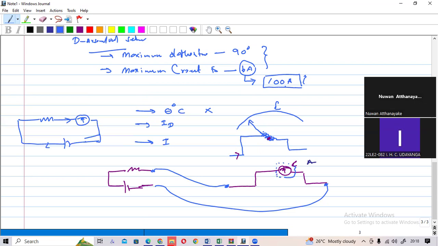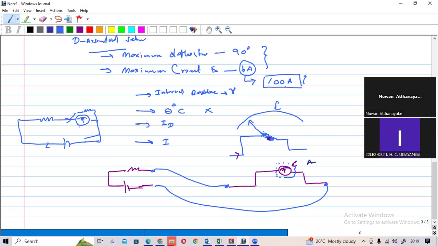That is called internal resistance. Let's say that is R or something, simple R. This is the internal resistance of the diagonal setup. So this is also just like a resistor.